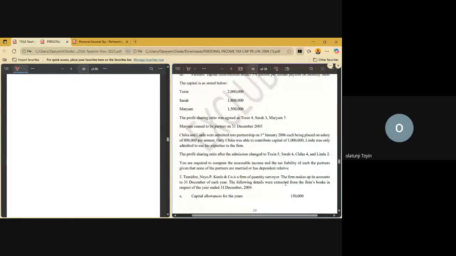The profit sharing ratio was agreed as Tosin 4, Sarah 3, Miriam 3. Miriam ceased to be partner on 31st December 2005. Chika and Linda were admitted into partnership on 1st January 2006, each being placed on salary of 800,000 per annum. Only Chika was able to contribute capital of 1 million. Linda was only admitted to use his expertise to the firm.